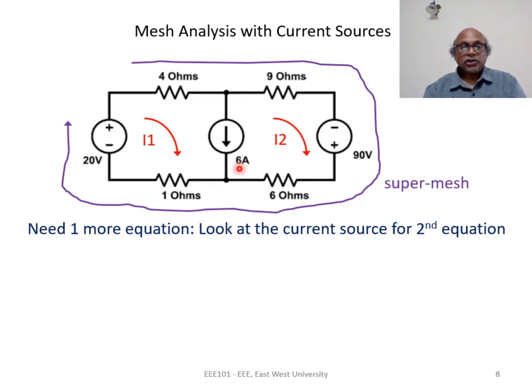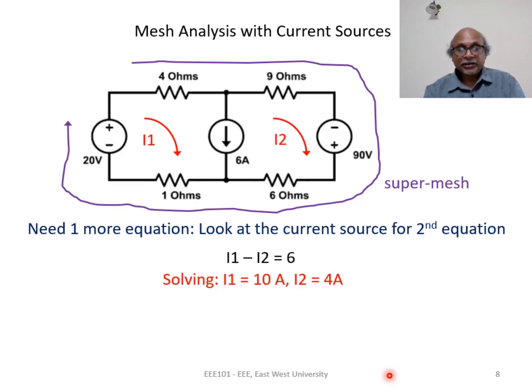In this branch, I1 and 6 ampere are in the same direction. I2 and 6 ampere are in opposite directions. So I1 will be positive and I2 will be negative. We can write I1 minus I2 equals 6. So we now have two equations for the two unknowns. Solving these, we get I1 equal to 10 ampere and I2 equal to 4 ampere.